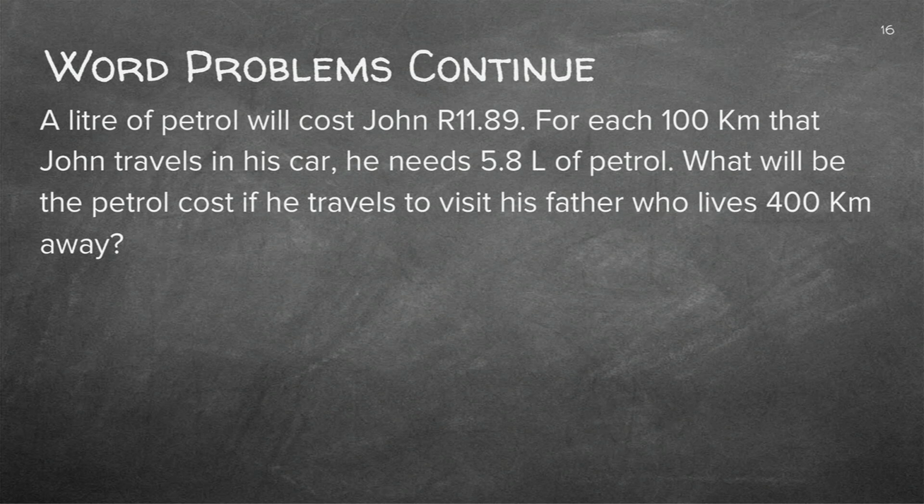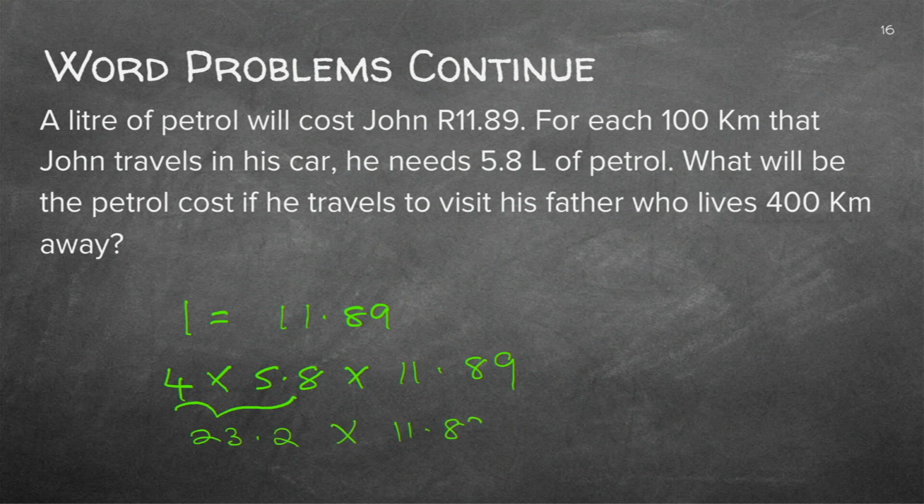I've now cleared all the pen markings, but we still remember this, right? So 1 liter was 11.89. So we've established we're going to multiply 4 times 5.8 times 11.89, and we said that this is 23.2 times 11.89.